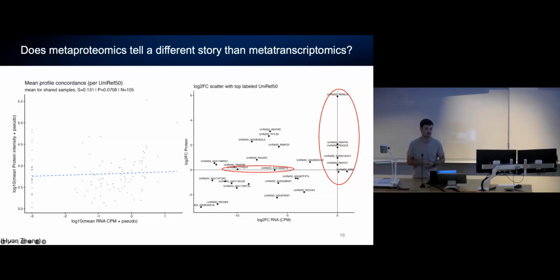However, you're seeing huge changes at the protein level. And on the other axis, the x-axis there, you have stuff that isn't changing at the protein level, but is changing quite big at the RNA level. And this here is the reason that multiomics is starting to become a thing and is so important: a lot of studies might only be looking at one layer and be missing important biological information that they're just not tapping into.